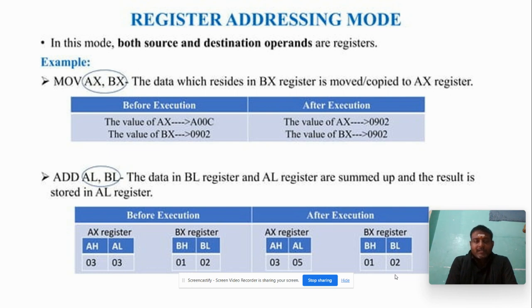AL is 03, BL is 02. 03 plus 02 is 05. After execution, AH remains the same, AL is equal to the addition of AL and BL, which is 05. There is no change in the BX register.